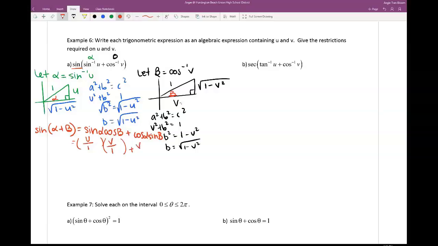Alpha is over here, adjacent 1 minus u squared over 1 times, okay, sine is over here, have opposite 1 minus v squared over 1. Well, it looks like everything is over 1, right? So let's get rid of the ones. So it's u times v plus radical 1 minus u squared times radical 1 minus v squared.